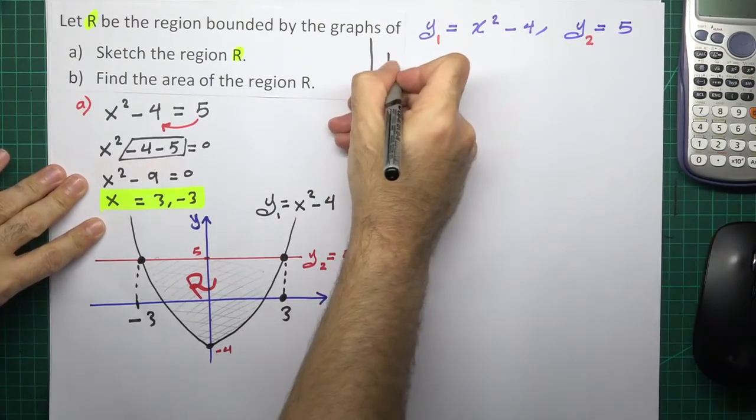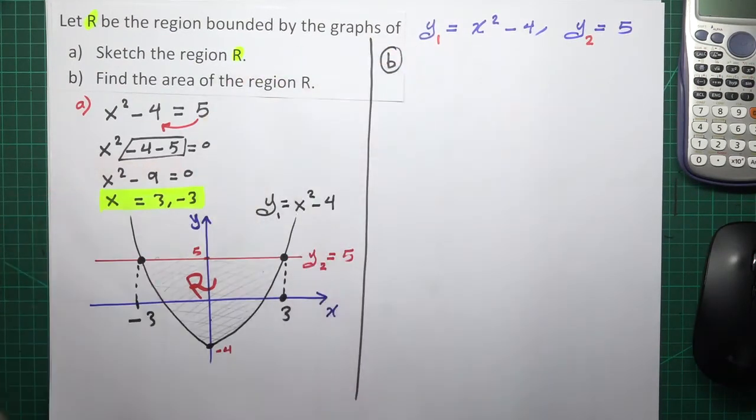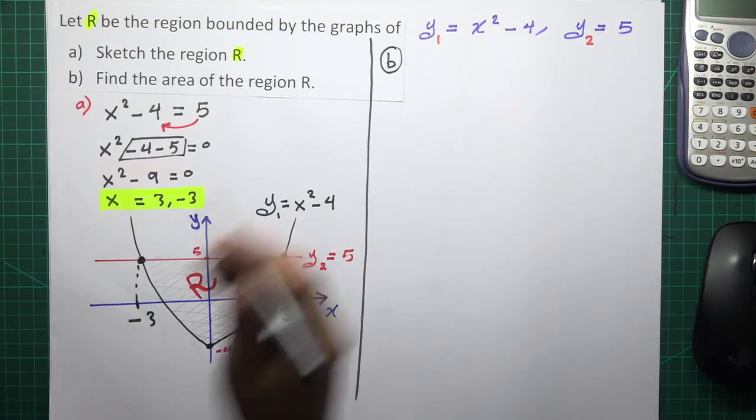Part B, to find the area. How to find the area? A equals.